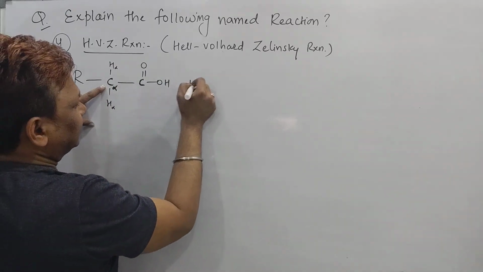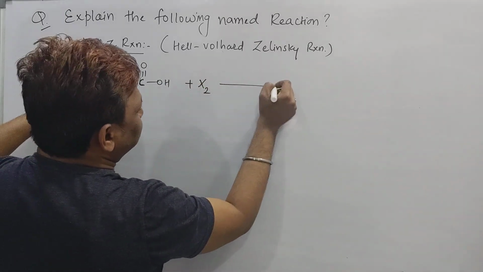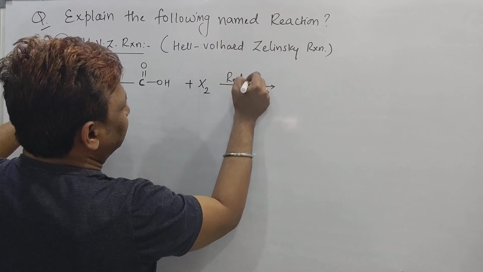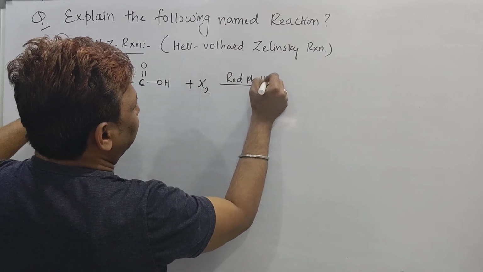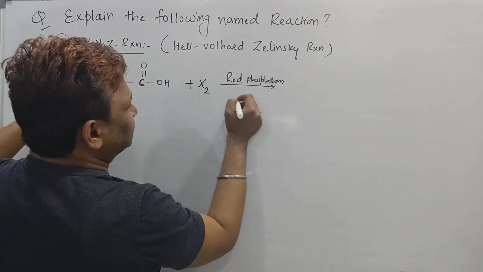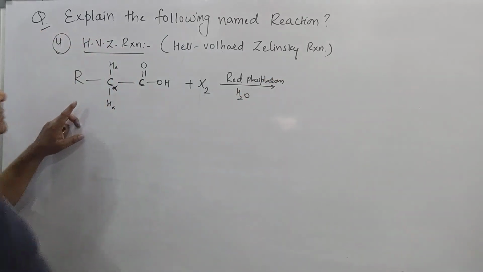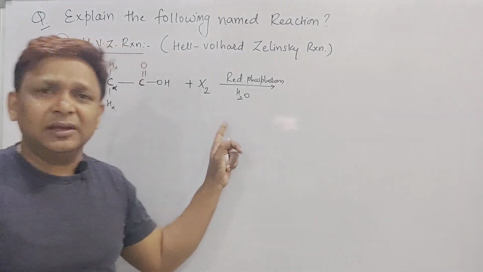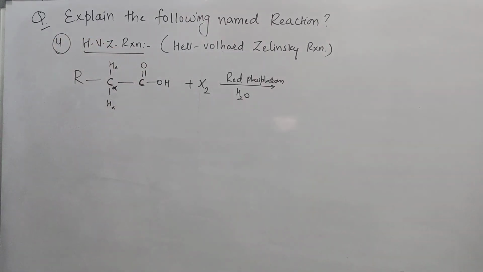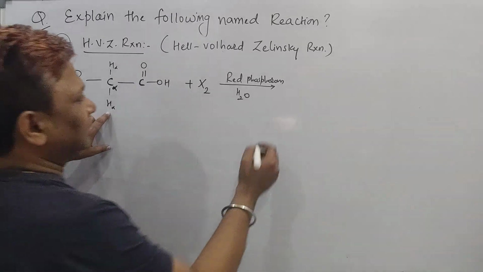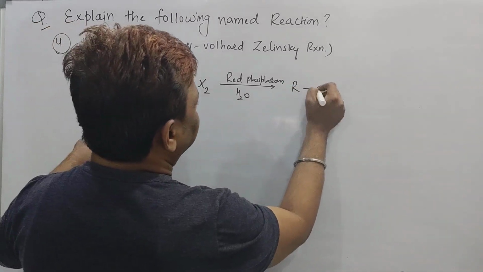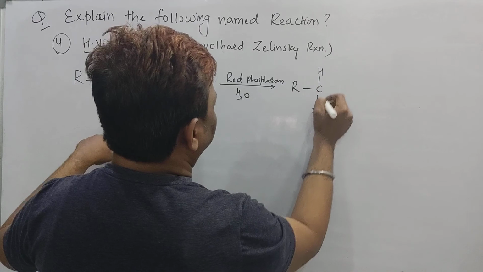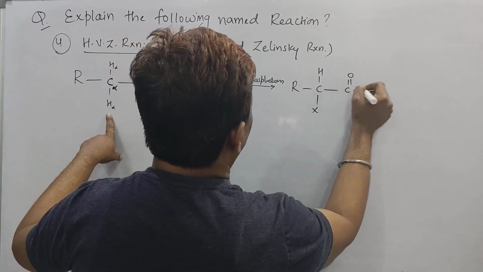But they are treated with the halogens in presence of red phosphorus followed by hydrolysis. Whatever alpha hydrogens are there can be replaced with a halogen, that is X2. So what I am going to get here, in the first step I will get R, C, H, X, C double bond O OH.